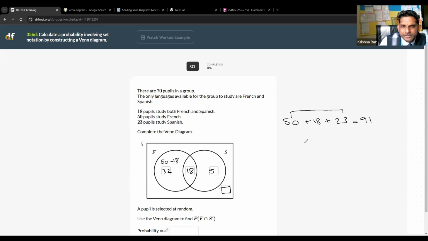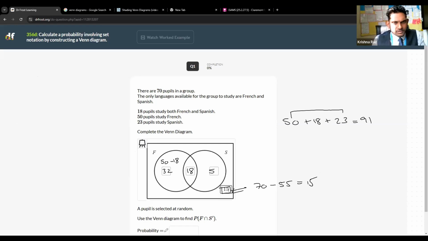So now, if I do 32 plus 18, that is 50, and 50 plus 5 is 55, there must be 70 minus 55 there, which is 15. So that is 15. We have 32, 18, and 5.